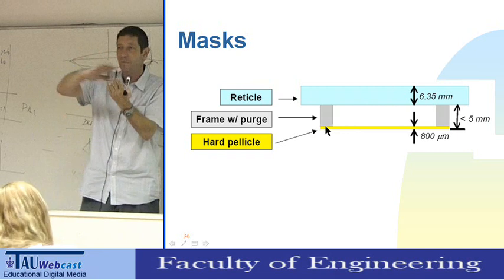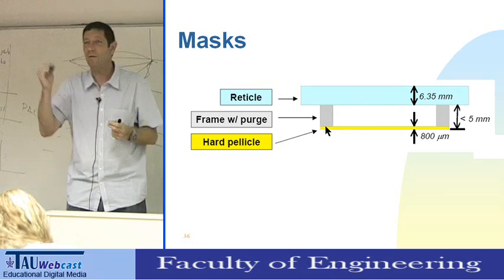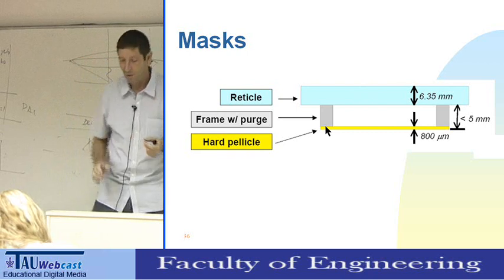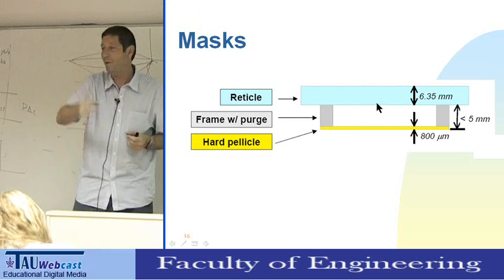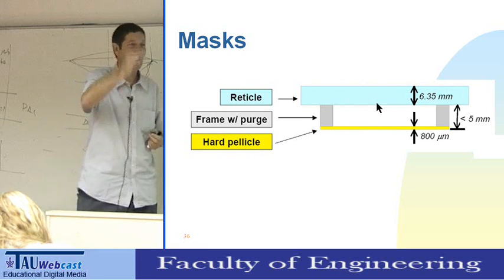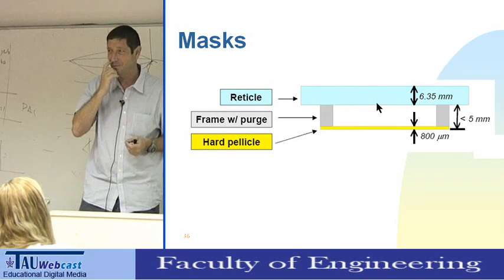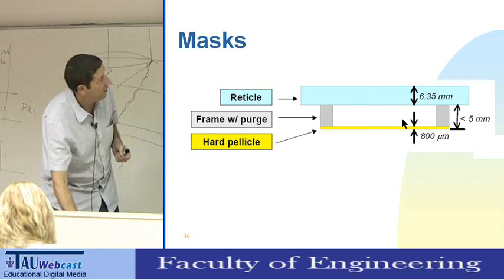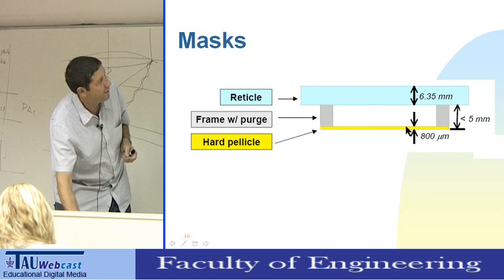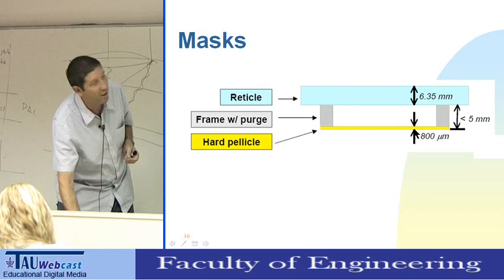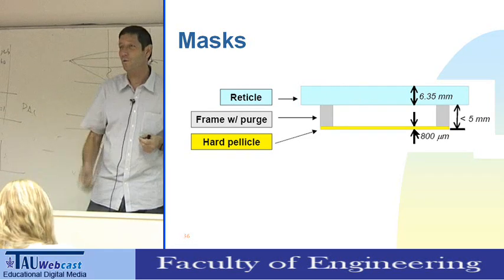This is a membrane, and the reason is, if by some accident we have a particle on the mask, we print the particle. So every die will be defective. So the yield will be 0. However, if you put this membrane here, this very transparent polymer, and the particle is on it, it is not printed because it's out of focus.